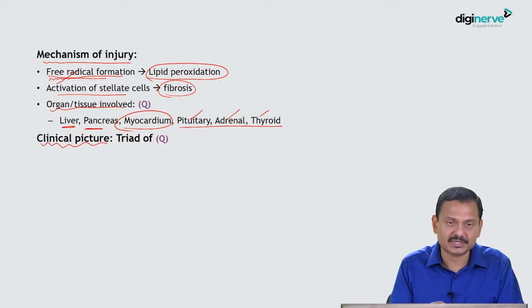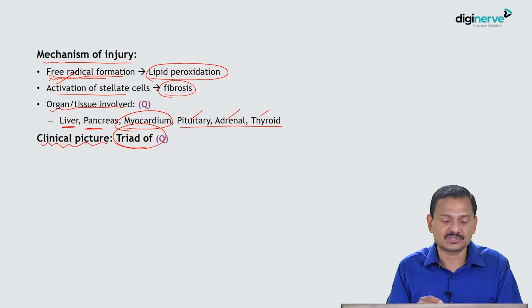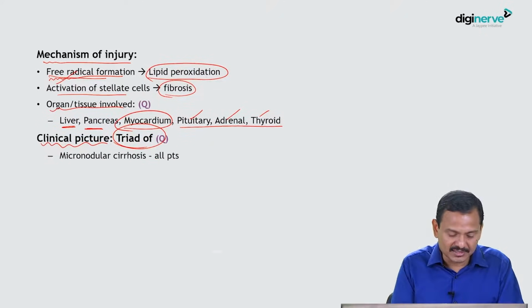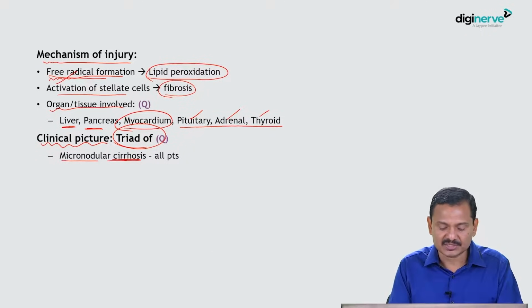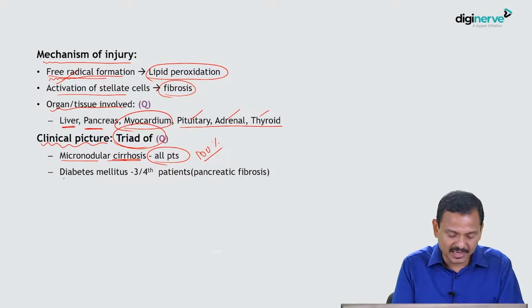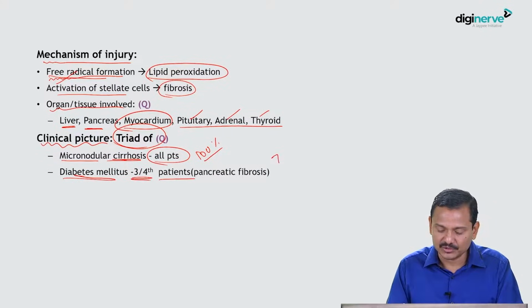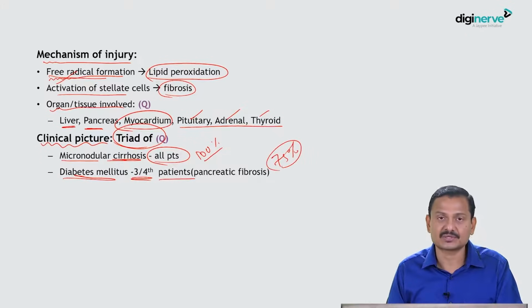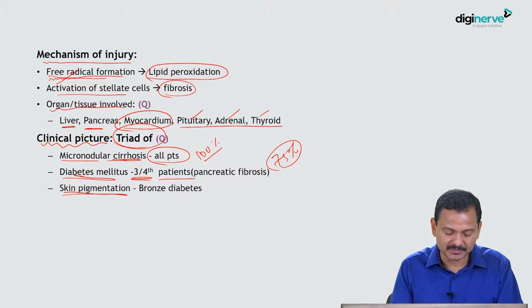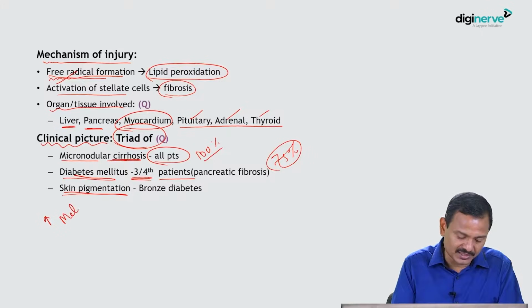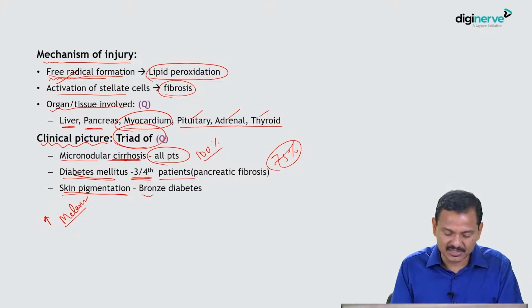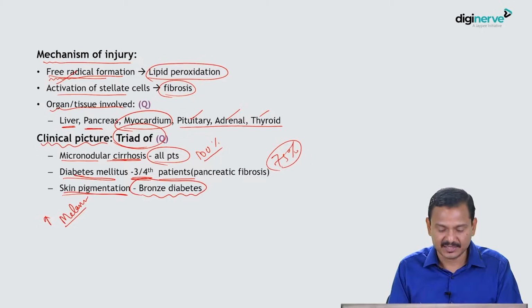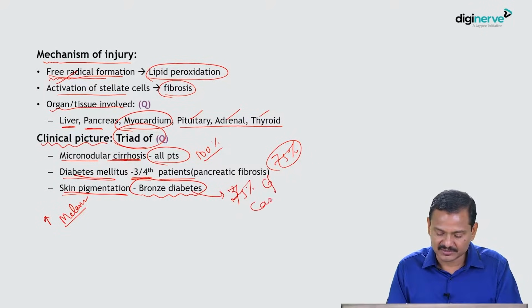Now the clinical picture has many manifestations, but you have to remember at least the triad which defines hemochromatosis, that is micronodular cirrhosis, which is seen in all patients or 100% of patients, whereas diabetes mellitus is seen in 3/4 or you can say 75% of the cases, as well as skin hyperpigmentation, that is because of increased melanin, and that is called bronze diabetes, and this is also seen in around 75% of cases.